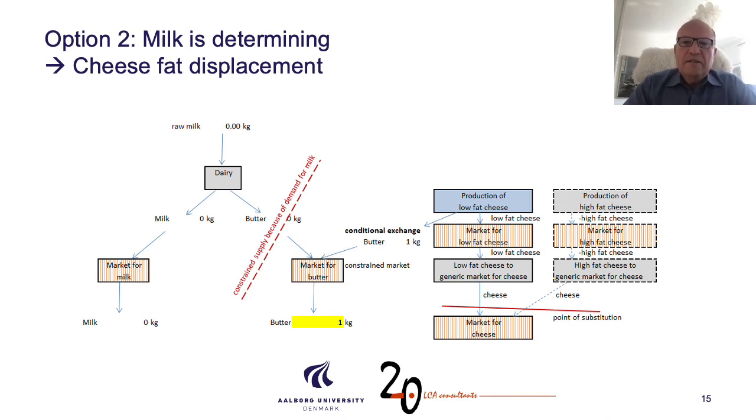Consumers are, with price signals, asked to prefer low-fat cheese to high-fat cheese. And in that way, we have a surplus of fat that can remain in the butter for the demand for butter. So this substitution is simply an adjustment that happens inside the dairy in the cheese production. Might be a different dairy from the one producing milk and butter.